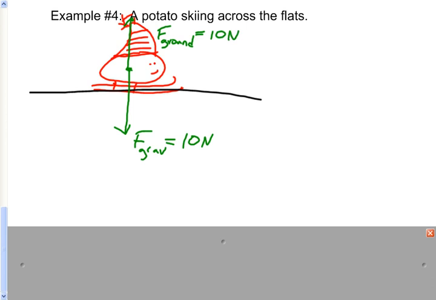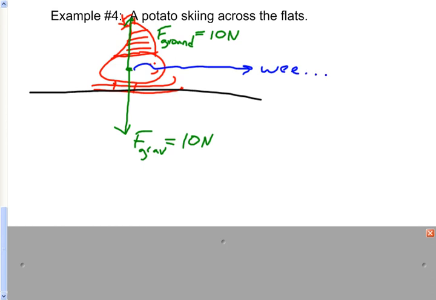And if you allow me to make some assumptions here, let's pretend that there's not really much air resistance. Little potato, there's not a lot of wind. There really would be some, and that would be acting against this motion. But if we pretend that's not there, and there are no other forces acting, this little potato could be cruising along to our right. Whee!